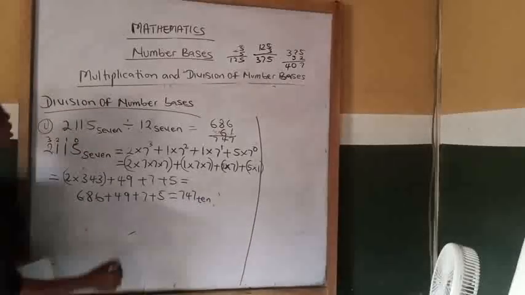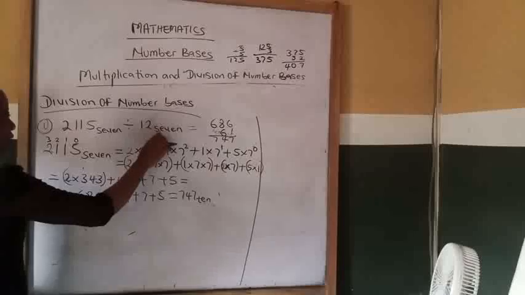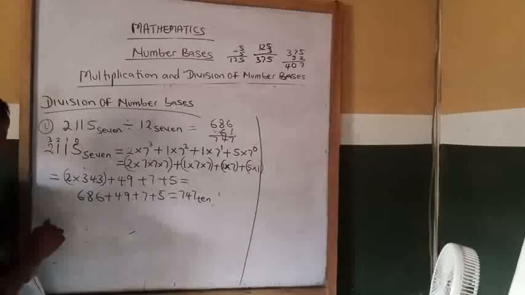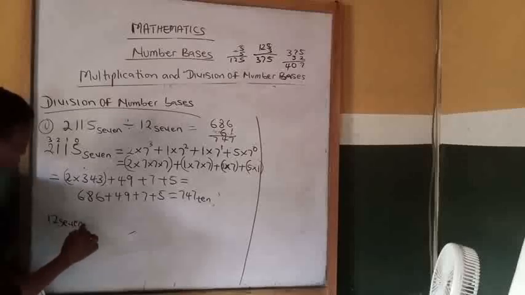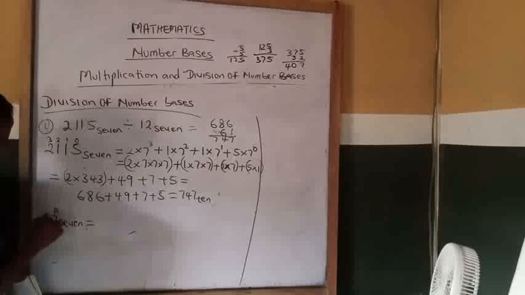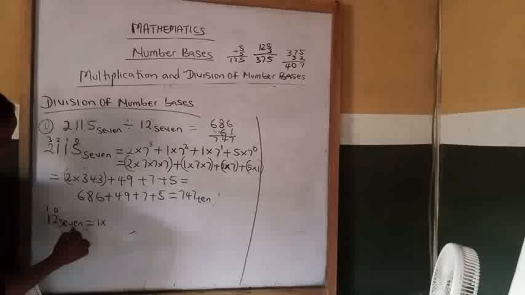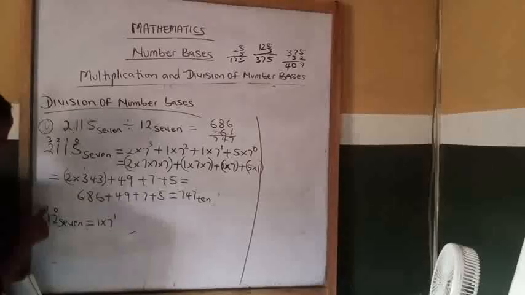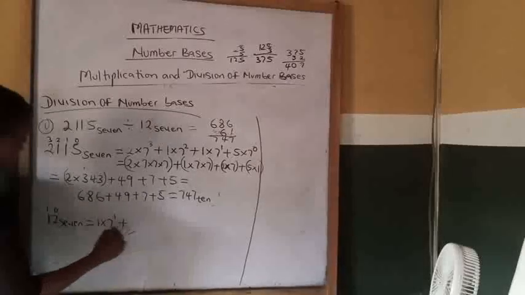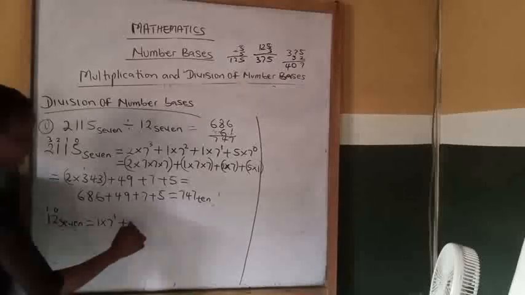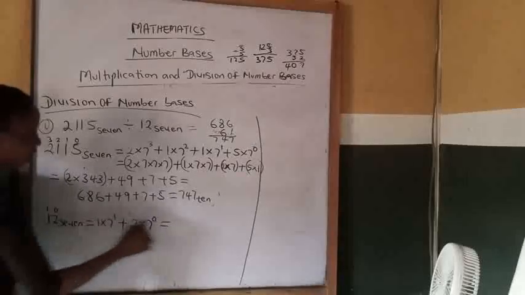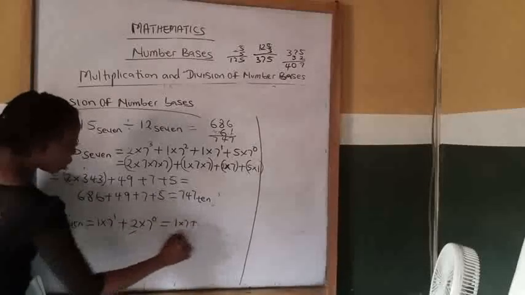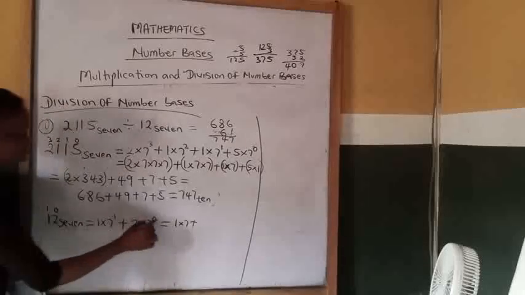Now we convert this one to base 10. So let's convert 12 base 7 to base 10. The power of our place value: 0, 1. So 1 times 7 plus 2 times 7 raised to power 0, which is 1, because any number raised to power 0 is 1.